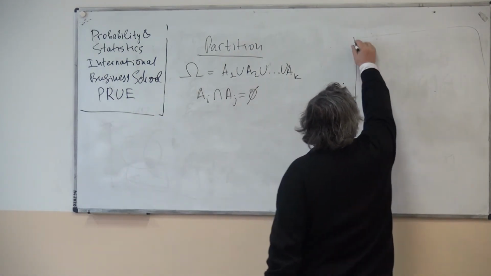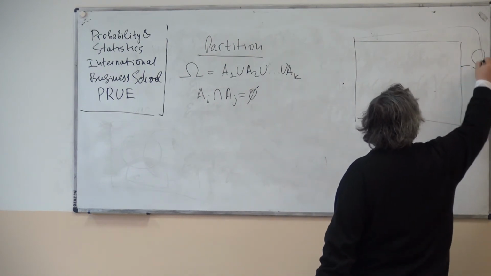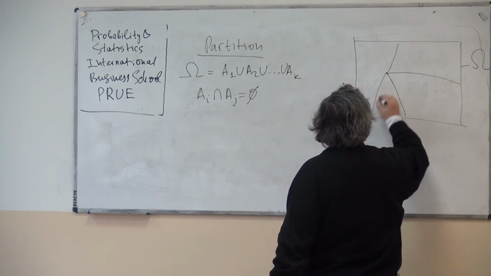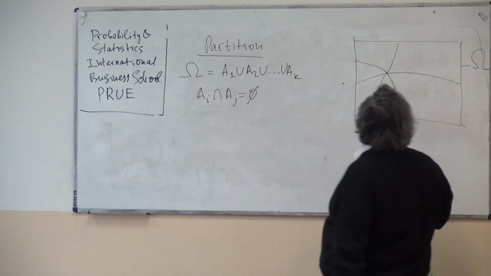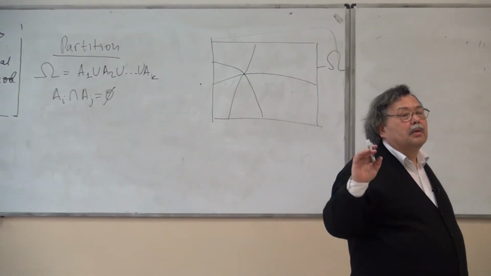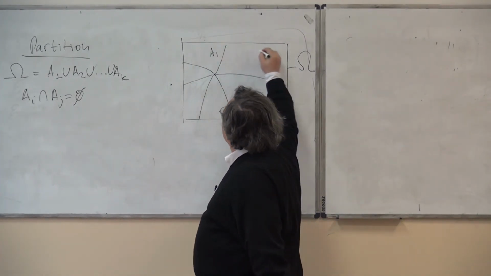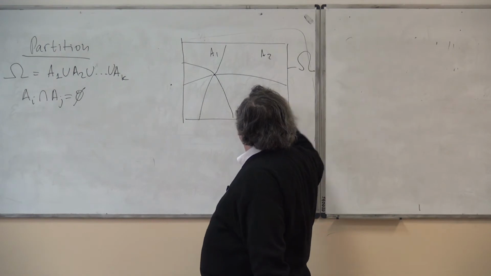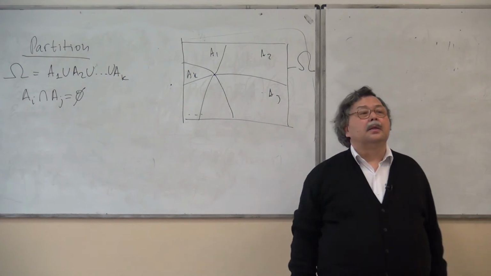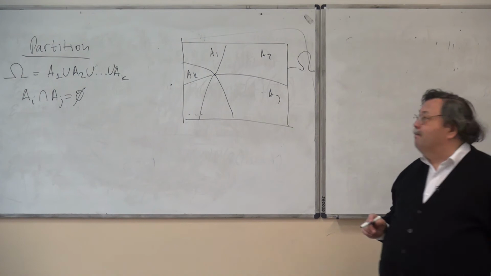Now, if we try to illustrate it by a diagram, this is omega, and this is an illustration of how omega can be split into the union of a certain number of mutually exclusive events. Suppose this is A1, this is A2, A3, AK. Each pair is mutually exclusive, and put together they make up omega.